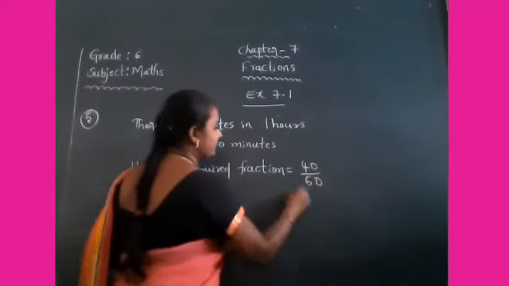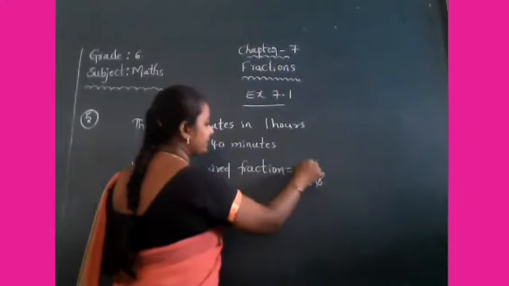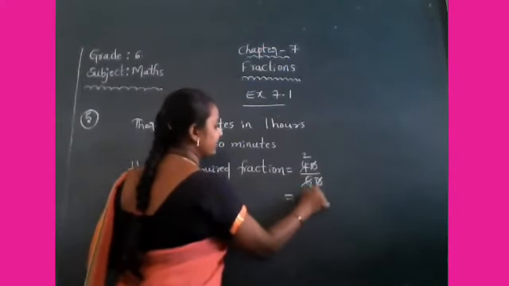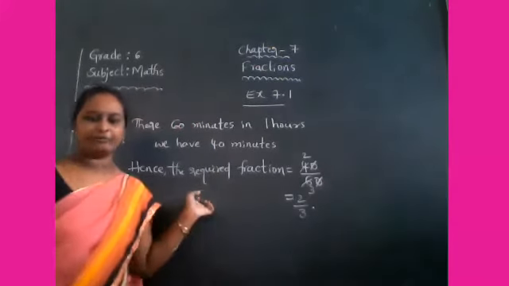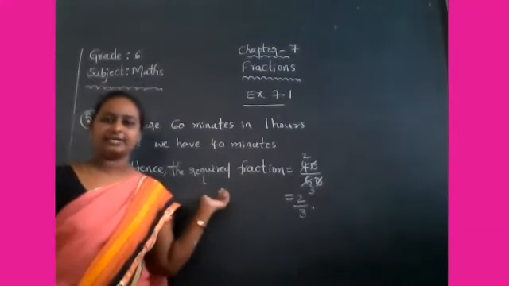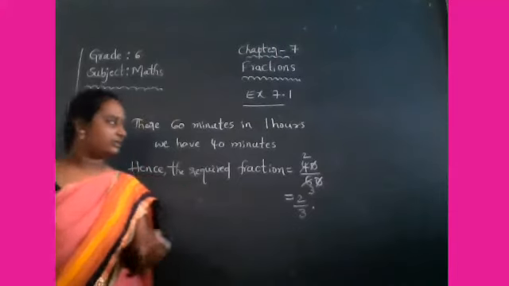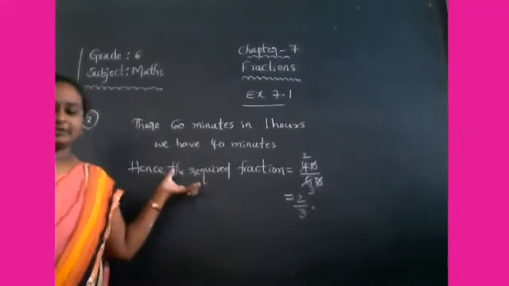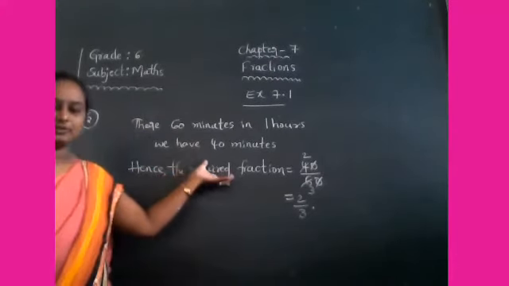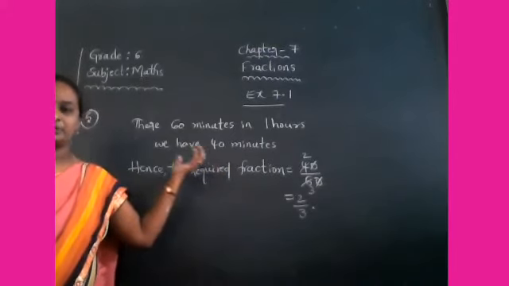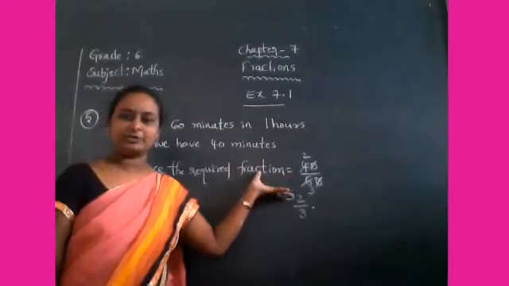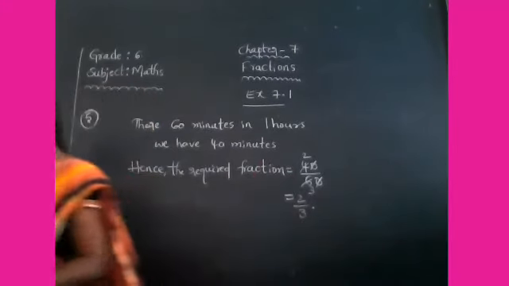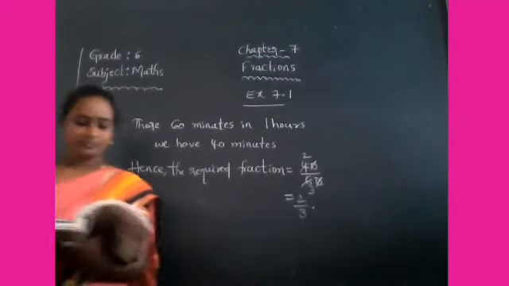Right. So here 0 and 0 cancel. 2 twos, 2 threes. So 2 by 3 is the fraction. Is it clear, children? Very easy. Whatever it may be, if they give it in seconds or minutes or hours, to write in the form of a fraction you have to follow the same procedure like this. Right. Come to the next question.